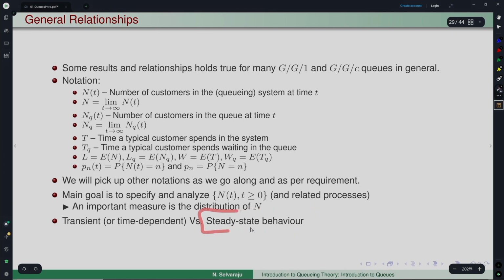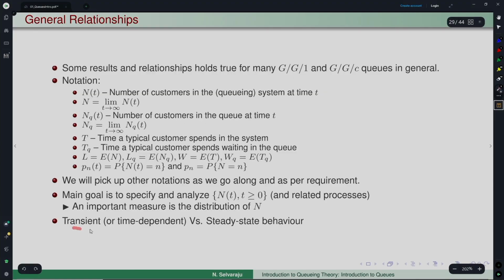So, our main interest would be in steady state behavior, pointing out at one point of time for the simplest model how one would do that. But again, this is much easier as compared to this.